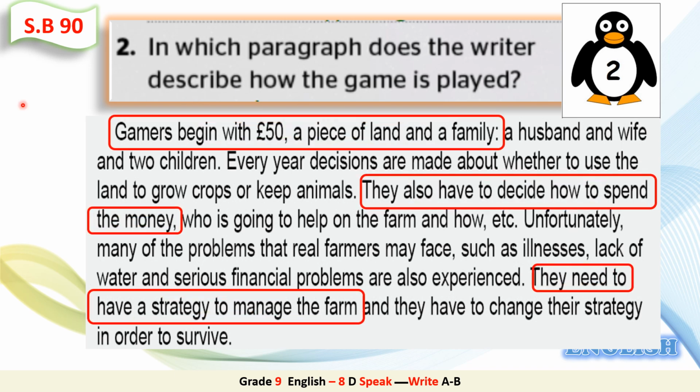He starts by saying gamers begin with 50 pieces of land and a family. He also said that they have to decide how to spend the money, and he added saying they need to have a strategy to manage the farm. So you can describe how the game is played in the second paragraph.